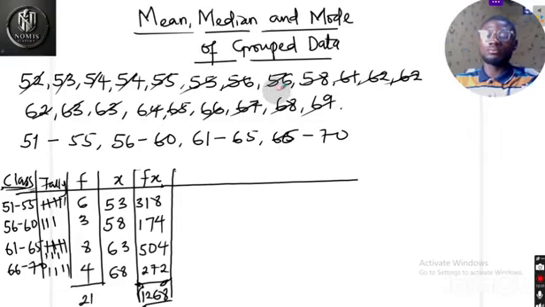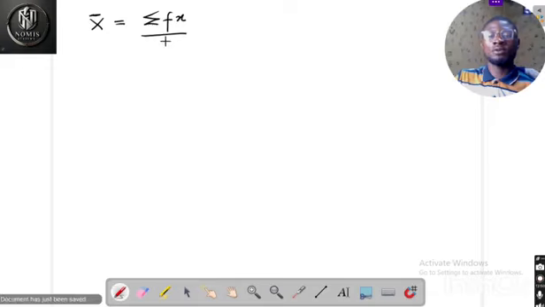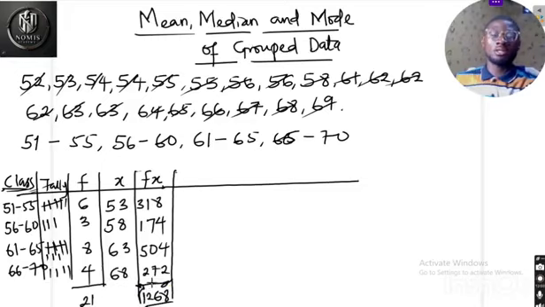So you will need to recall that mean, represented with x bar, is equal to summation fx all over summation f, and we've calculated summation fx to be 1268.